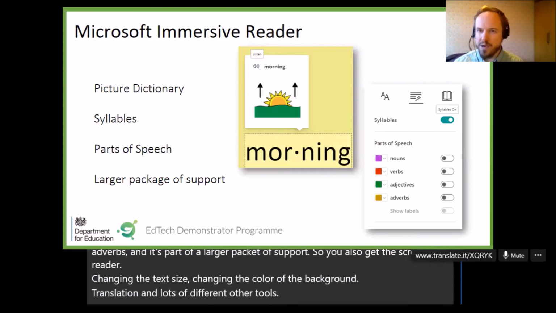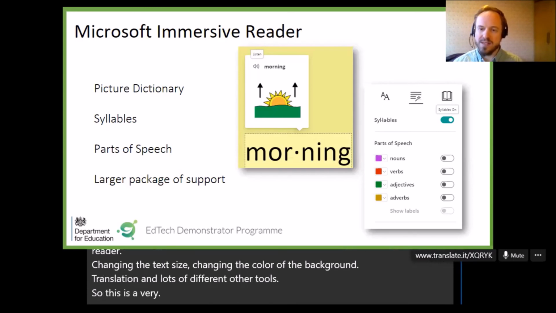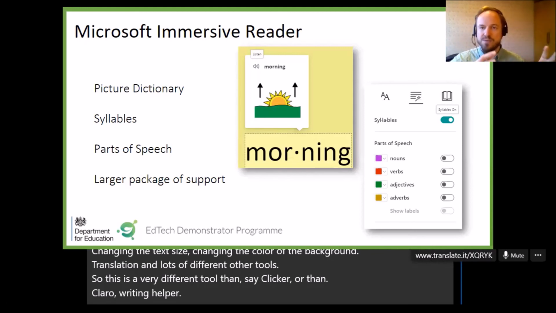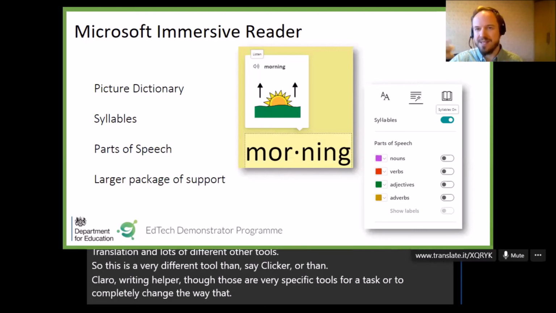So this is a very different tool than, say, Clicker, or than Claro Writing Helper. Those are very specific tools for a task, or to completely change the way that you work and deliver, whereas this is something that's just built into default software.